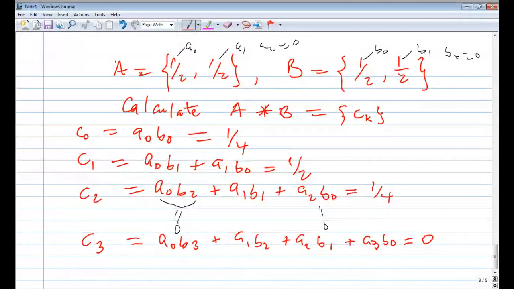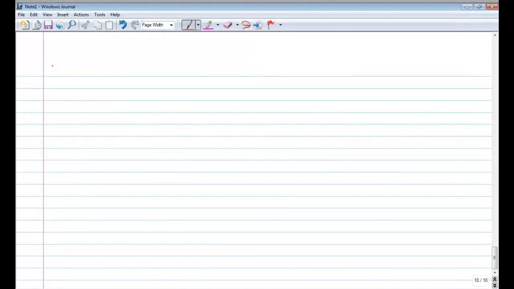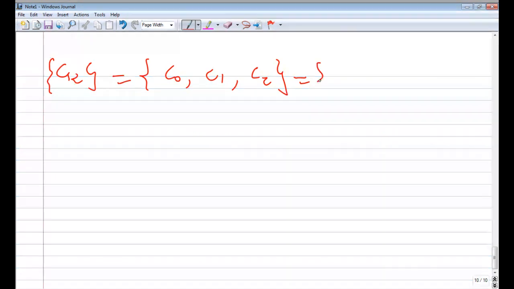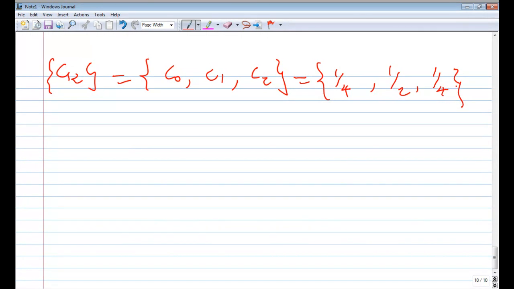So therefore your weights Ck, which is C0, C1, C2, are 1/4. So that's the answer that we have been looking for.